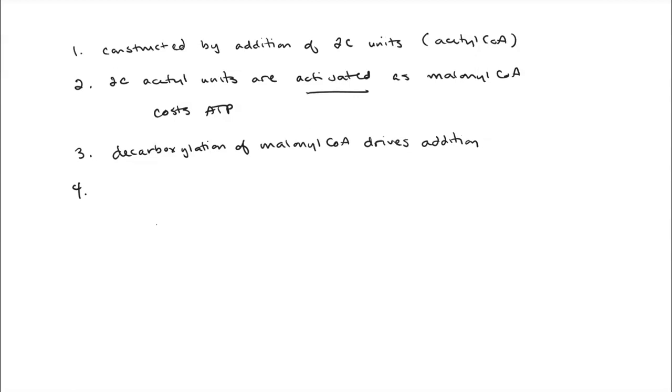4, the elongation reactions are repeated until the growing chain reaches 16 carbons in length, which is palmitic acid.